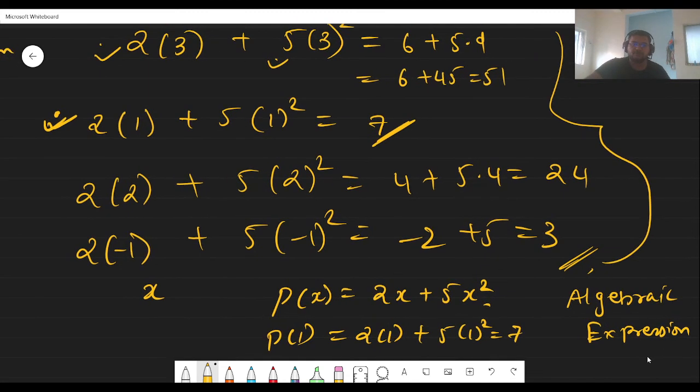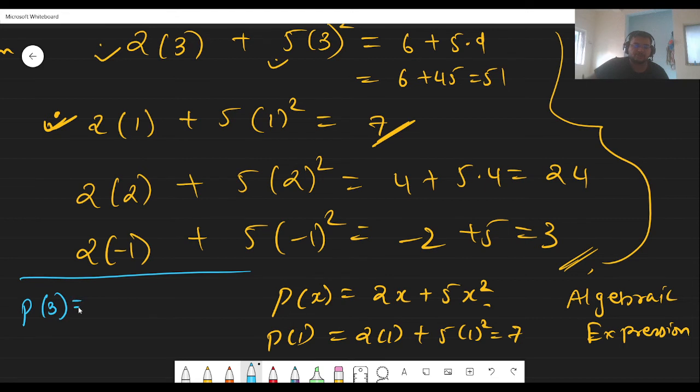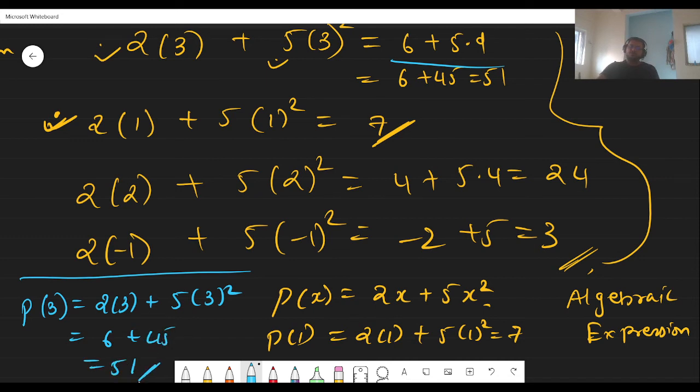If I write p of 3, let's say, what will be p of 3? Wherever there is x, we will substitute the value 3. So it will become 2 times 3 plus 5 times 3 square, which is 6 plus 45, and that equals 51. So see, here we are getting these different expressions.